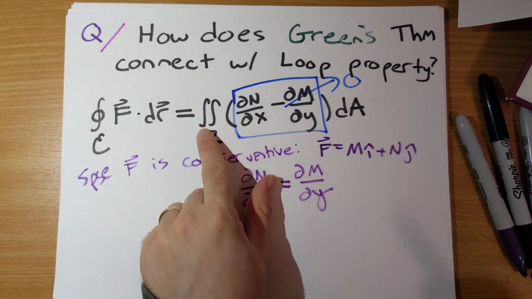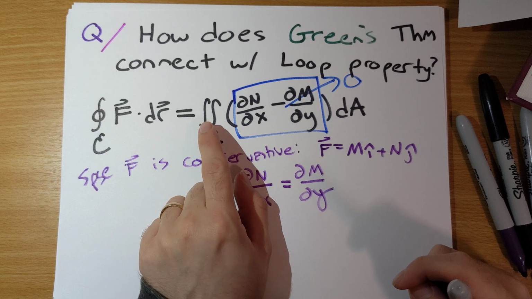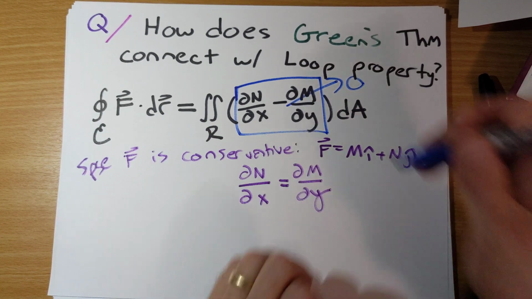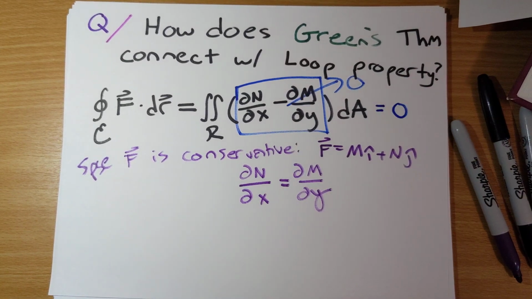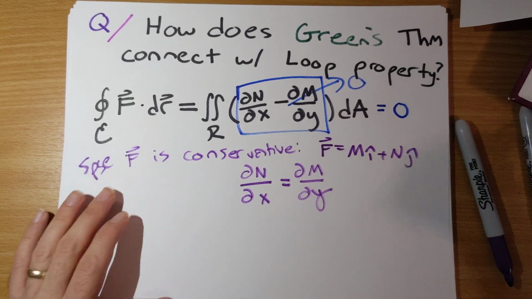And so we are integrating over some region R. Who cares what that region R is? We're integrating a constant of 0, so of course we're going to get 0 as our answer. And so how does Green's theorem connect up with our loop property?